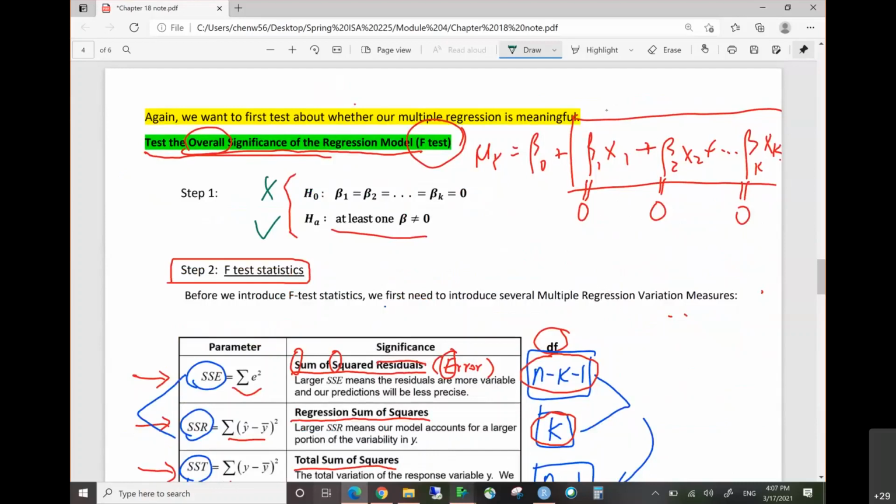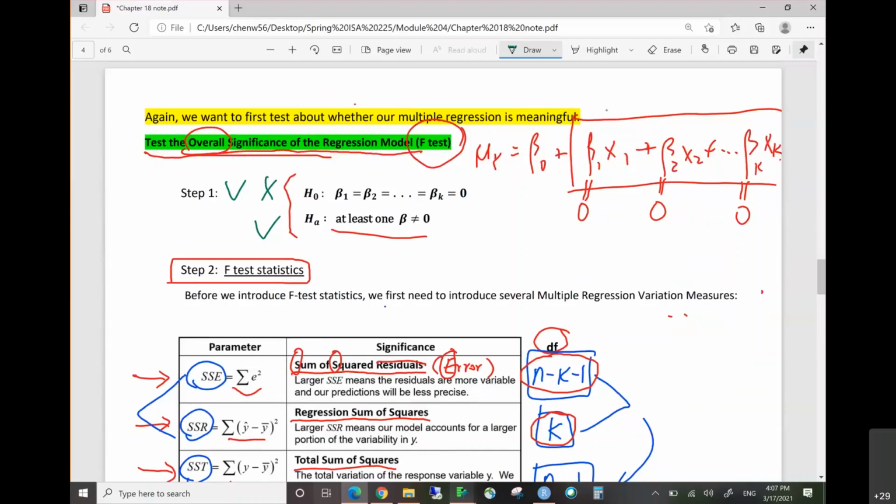But the other way, if your p-value is larger than the significance level, if your p-value is large, then we fail to reject the null hypothesis. That means your multiple regression is not even meaningful. That means you can just stop here.